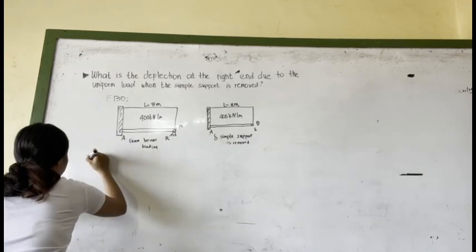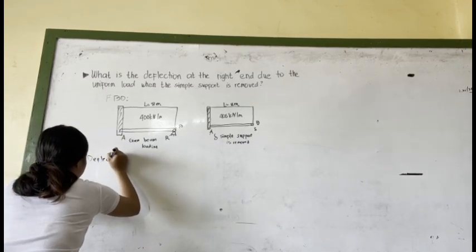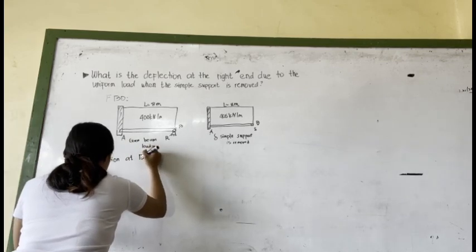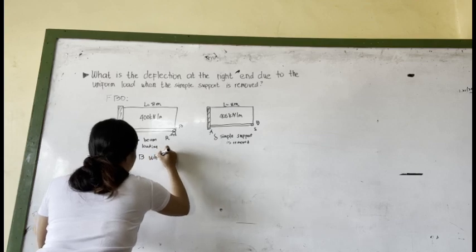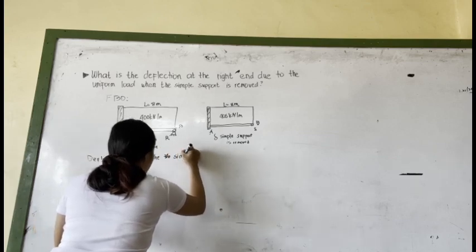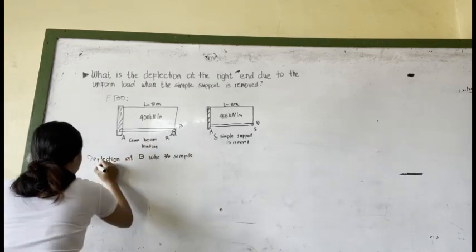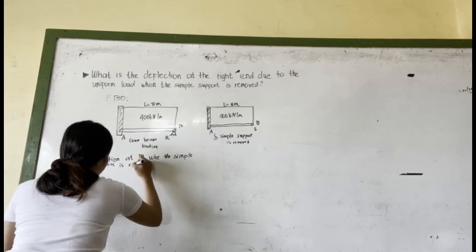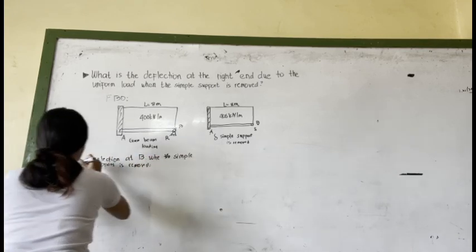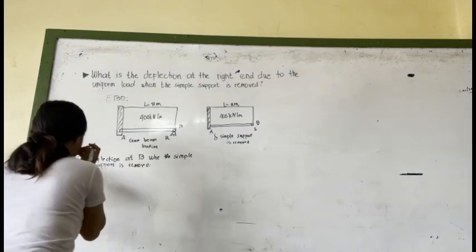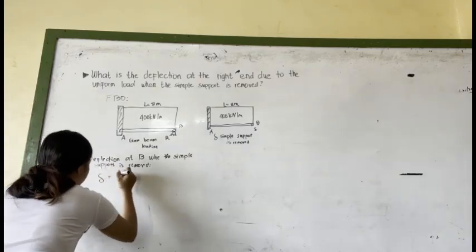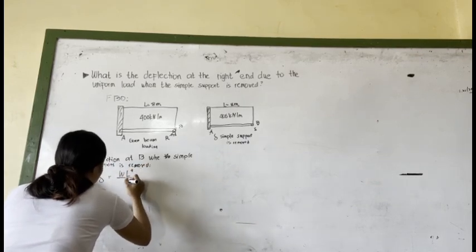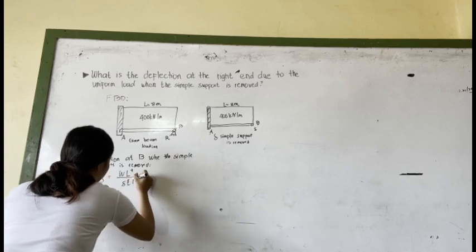So we have the deflection at B when the simple support is removed. So we have a formula of deflection equals w times L to the power of 4 over 8 EI.